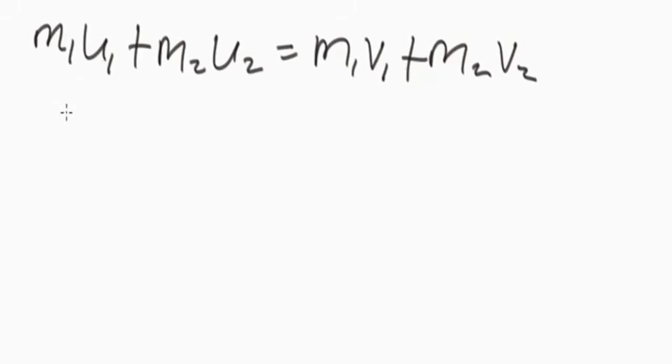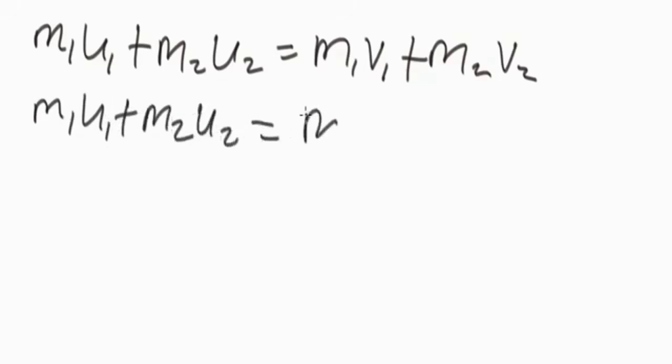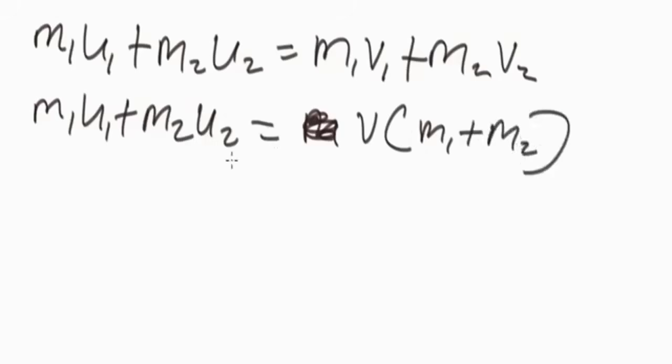Kinetic energy is not conserved in perfectly inelastic collision. It can be calculated in physics using this formula: m1 u1 plus m2 u2 equals v in bracket m1 plus m2. This is the formula used to calculate perfectly inelastic collision. The earlier one is for perfectly elastic collision.